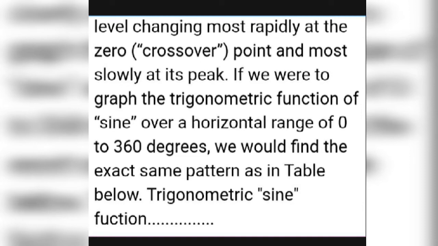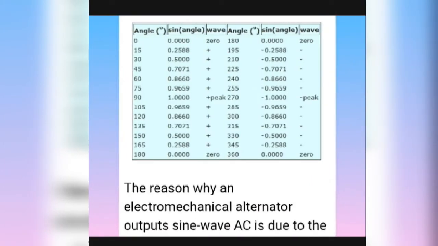If we were to graph the trigonometric sine function over a horizontal range of 0 to 360 degrees, we would find the exact same pattern as in the table below of trigonometric sine functions. If the angle is 0, the sine is 0. If the angle is 15, the sine value is 0.2588.